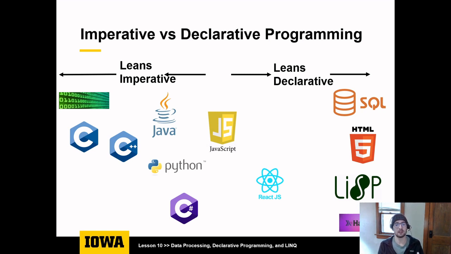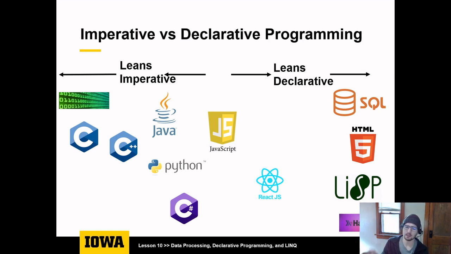You just tell the database what you want, and it figures out how to get that information to you quickly and correctly. Same thing with HTML. If you've written HTML, you don't tell the web browser how to put what pixels where on the screen to make it look a certain way, right? You don't tell it how. You just say, I want this thing. Okay, you want this thing, and then it kind of magically shows up there on your web browser.